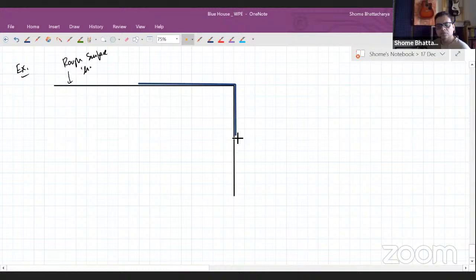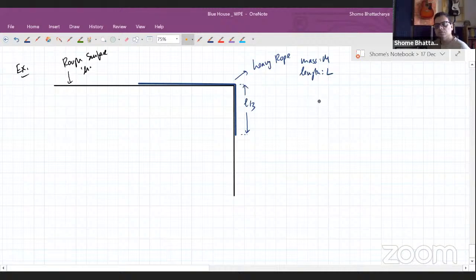A chain, or you can say, a heavy rope. So this is a heavy rope of mass capital M and total length L. Now when it is released from this position, it just about starts slipping.